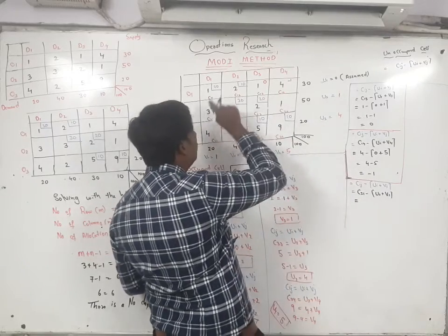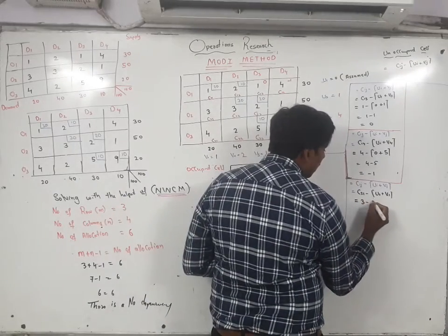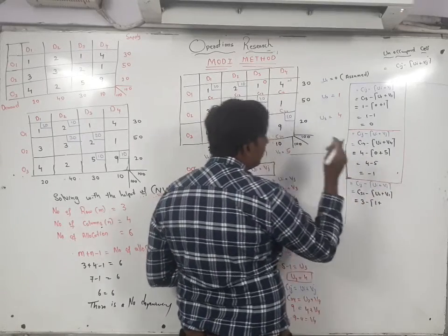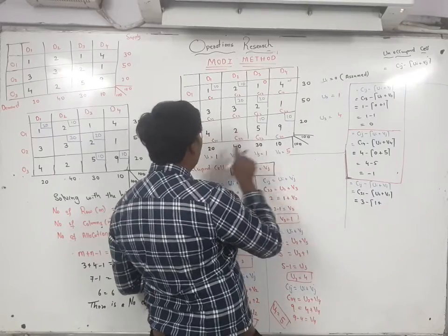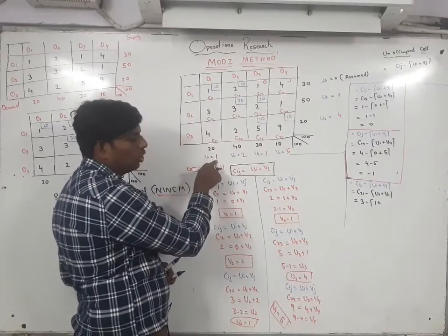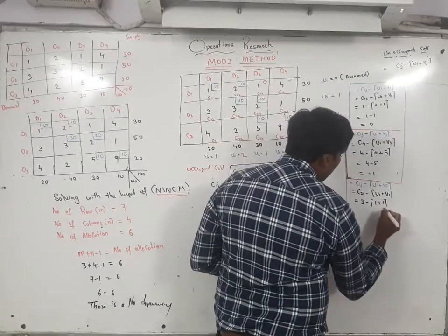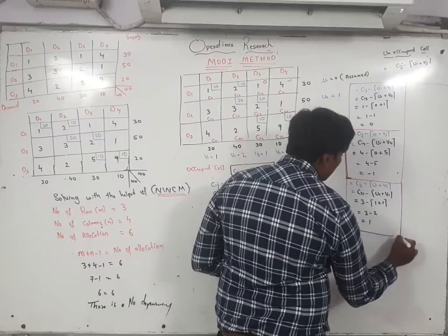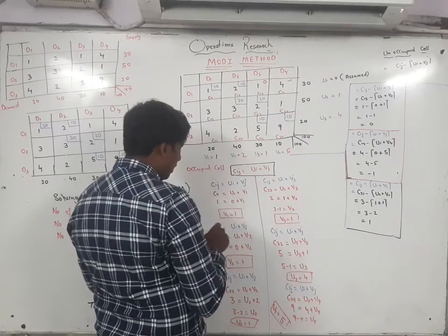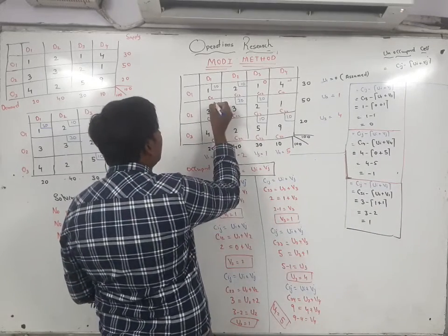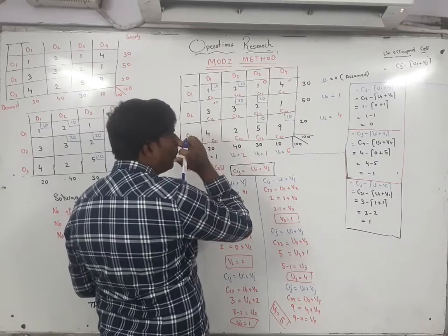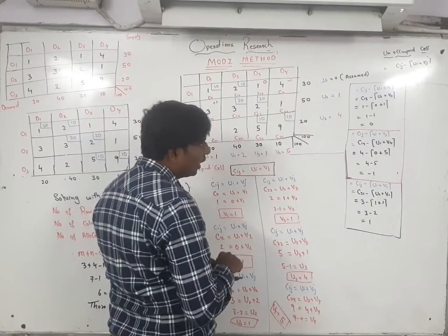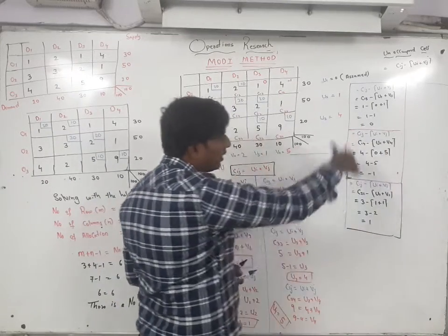C21, what is the value? 3 minus the u2 value, which is 2, minus the V1 value, which is 1. So 3 minus 2, the answer is 1. So this is plus 1. The previous one is minus 1 and this one is plus 1. Next one, again you have to find out how many unoccupied cells are there.